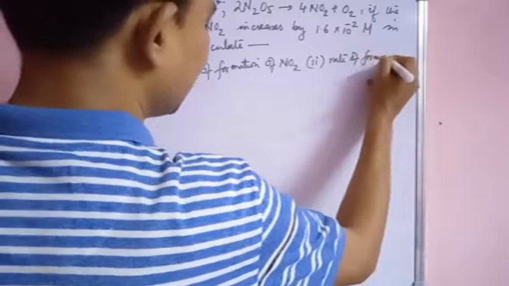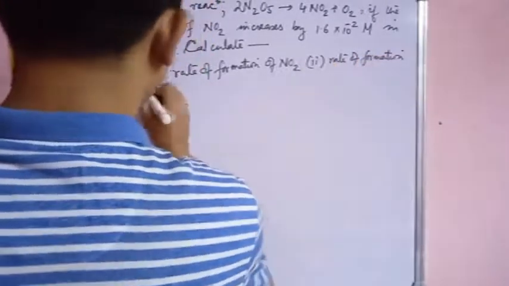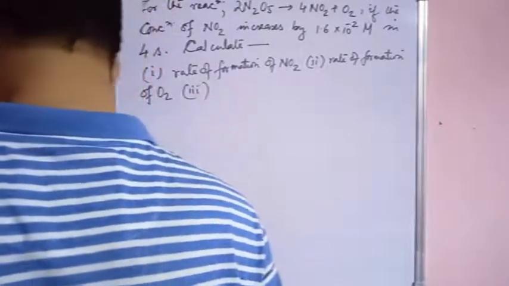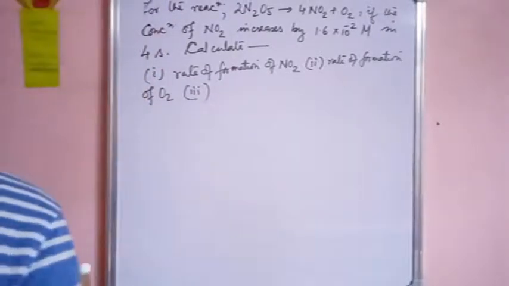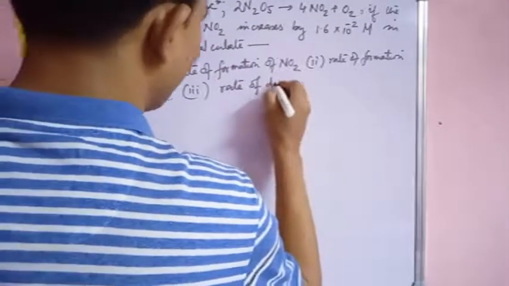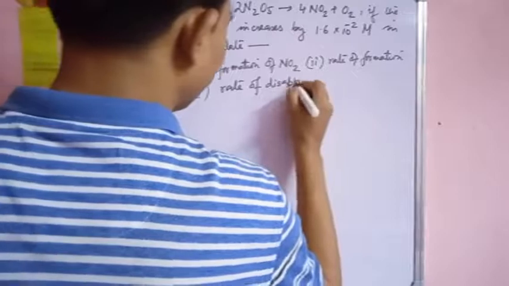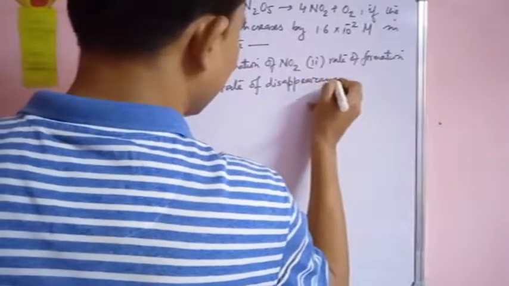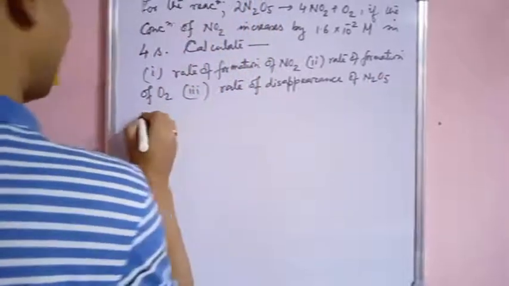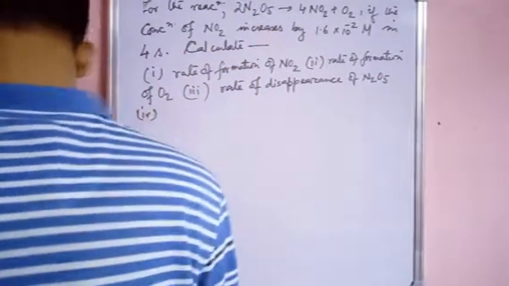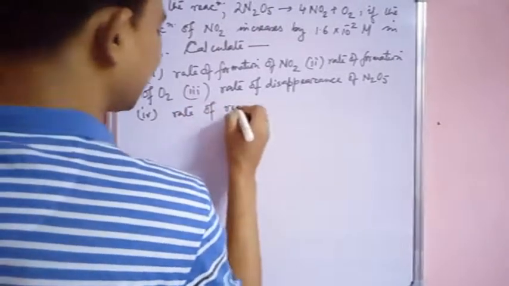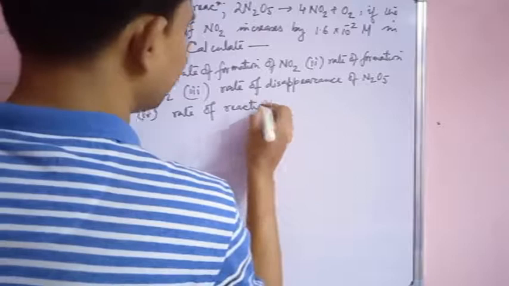Number 3, rate of disappearance of N2O5. And number 4, finally, they say to find the rate of reaction. Okay, so this is the question.